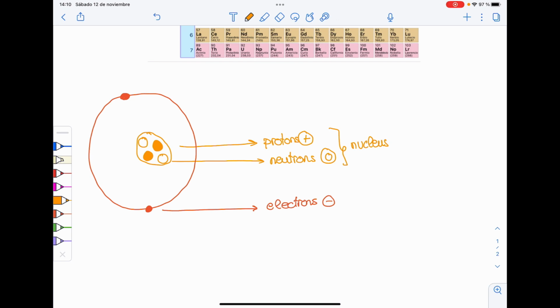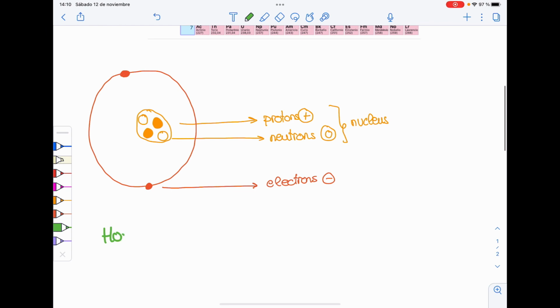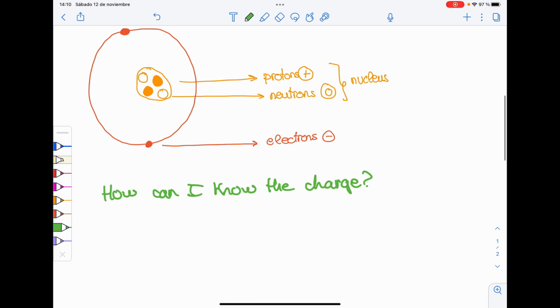Okay, so let's see how I can know the charge of this chemical element. I have to see how many protons I have. How many protons do I have here? 1 and 2. So I have plus 2. Why plus? Because protons are positive, okay?